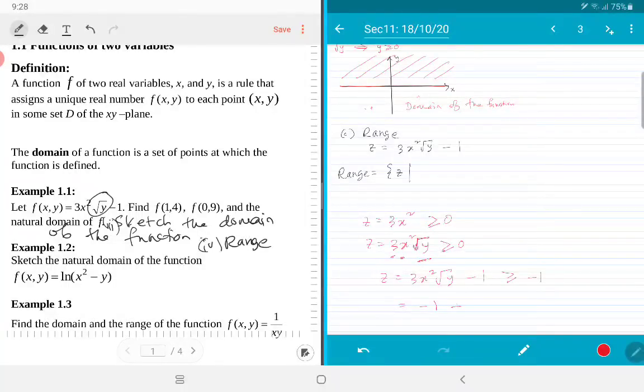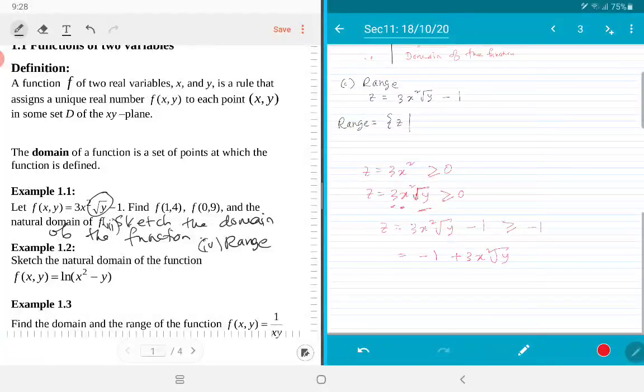Let's say I'm rewriting it as negative 1 plus 3x squared times the square root of y. So we have negative 1 plus a value that is always positive, which means that this will always be larger than or equal to negative 1. So that would be the range: z must be larger than or equal to negative 1. I hope that makes sense.